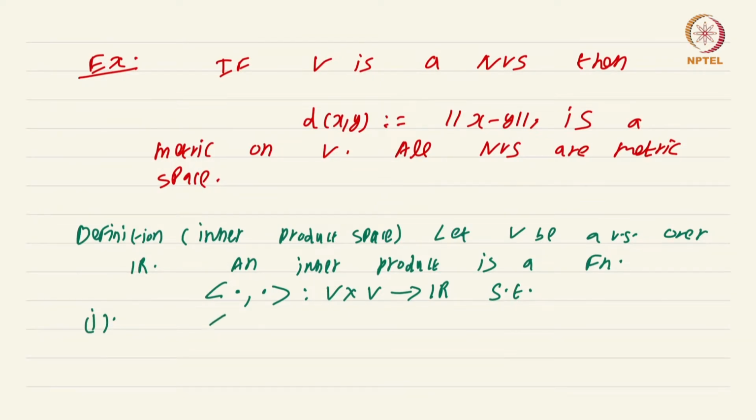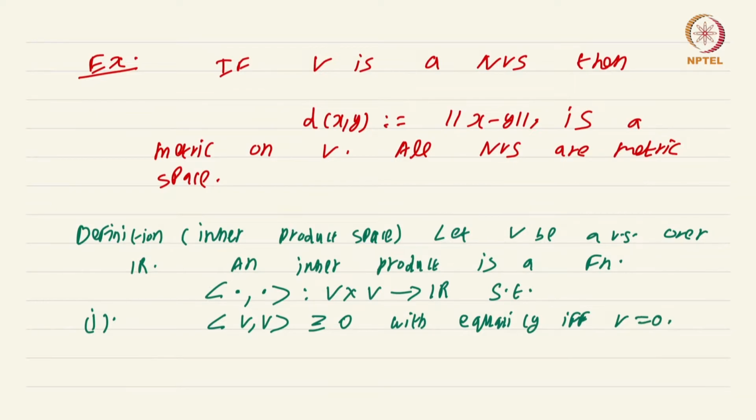The first one is again non-negativity. If you take a vector and take its inner product with itself, you always get greater than or equal to 0 with equality if and only if V is 0.